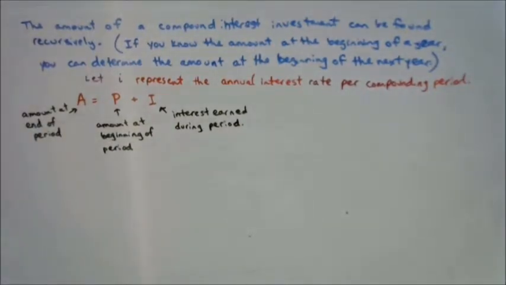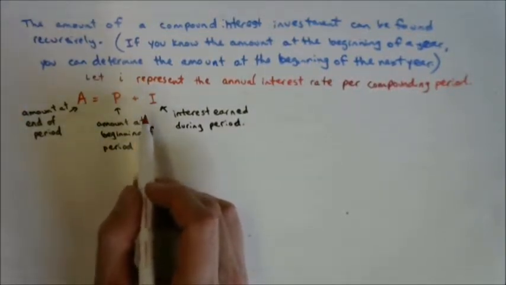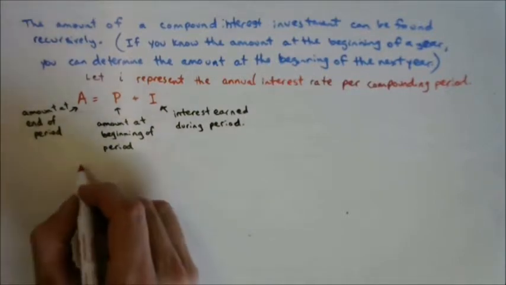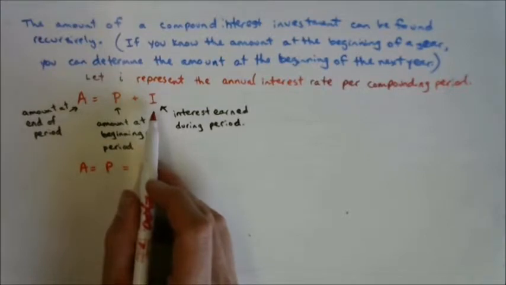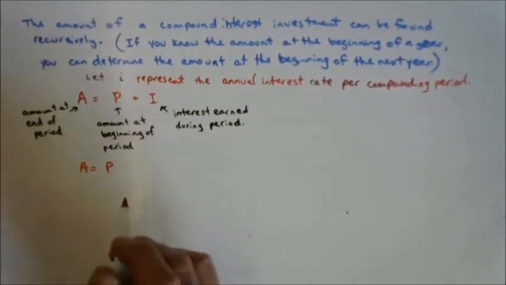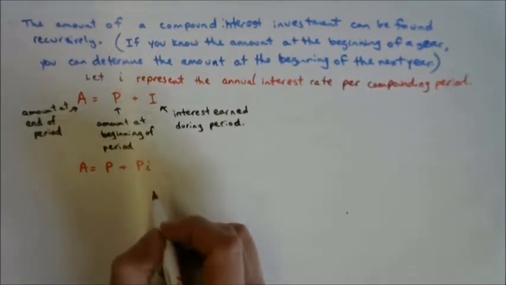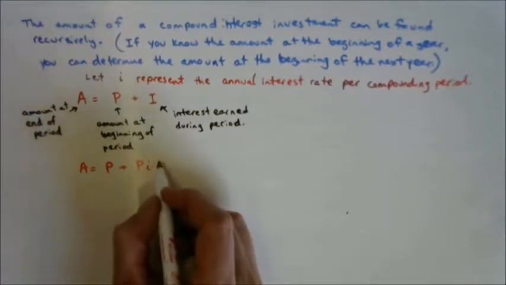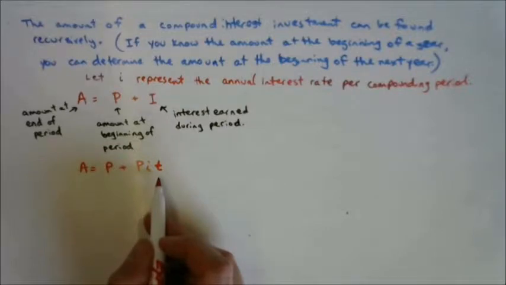Okay? But we can also break down this interest earned during that period a little bit further. We have our original principal amount, and the value of the interest is actually the principal that you started with times your interest rate times the amount of time that you've left it in, t being the number of compound periods.